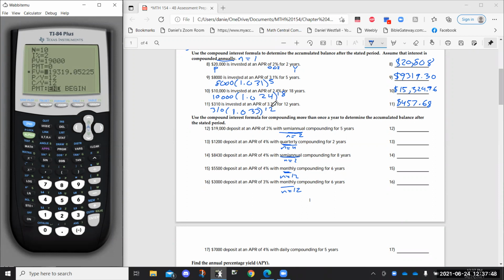And so compounded semi-annually. So R over N, right, this is semi-annually. So this is 2.